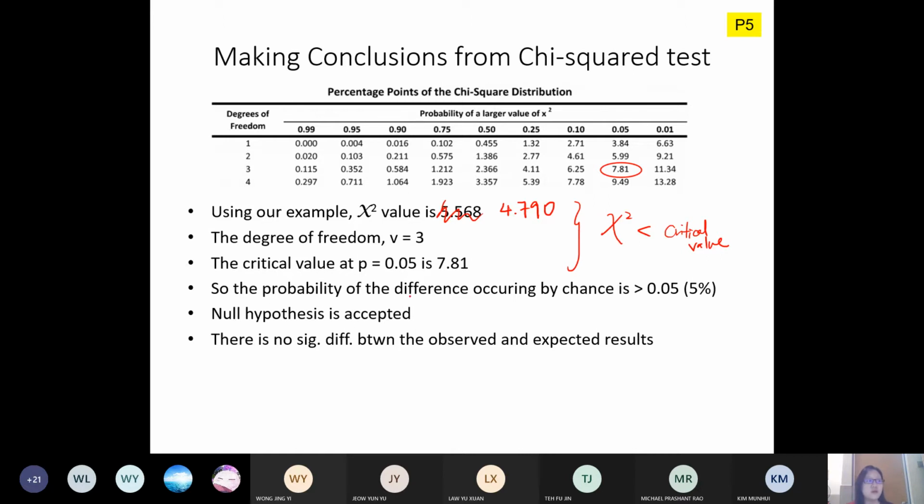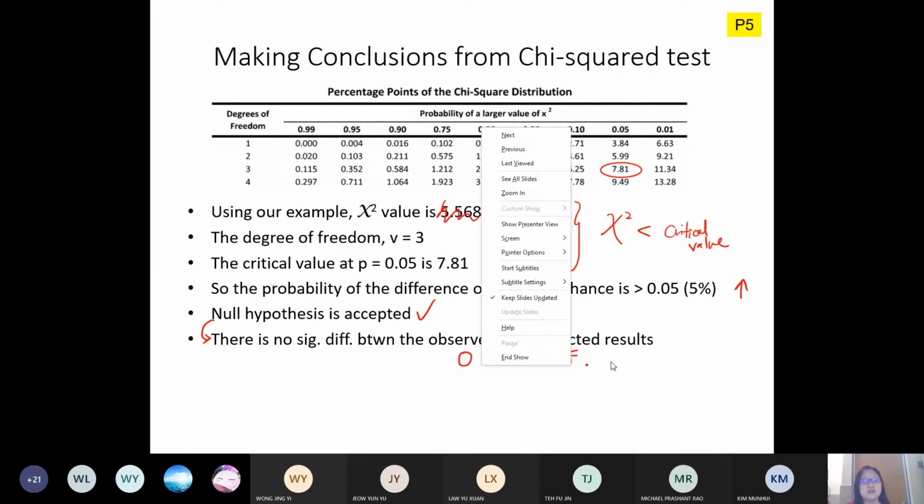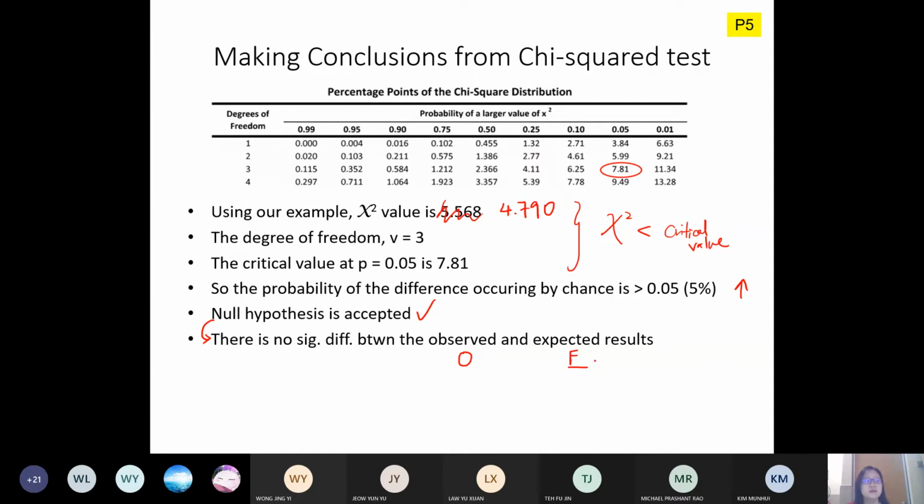So the probability of it being a random thing is very high, higher than 5%. Statistically, we consider this high. So the null hypothesis is accepted. There is no significant difference between the observed and the expected results. Means the same.